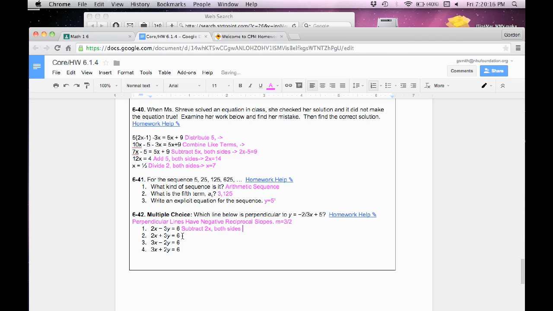And what that will get us, first of all, is negative 3y is equal to negative 2x plus 6. And then we will divide by negative 3 on both sides.